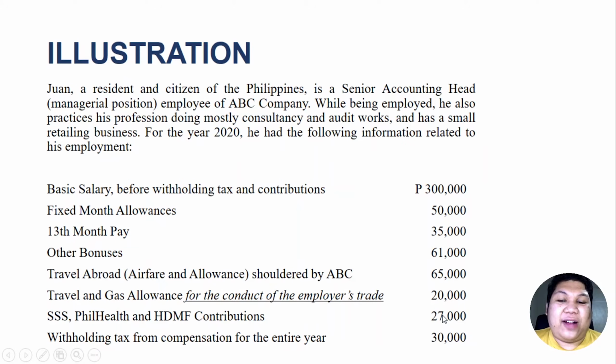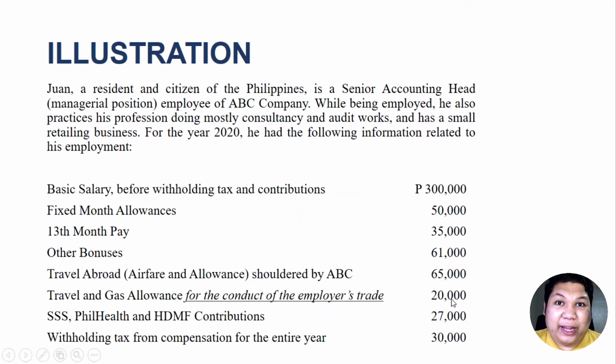Another item is the travel and gas allowance, and it is said this was for the conduct of the employer's trade. So this is for the benefit of Juan's employer, ABC Company. Therefore, this is not a compensation income of Juan. This is a travel expense or an allowance expense of ABC Company, but not a salary expense.